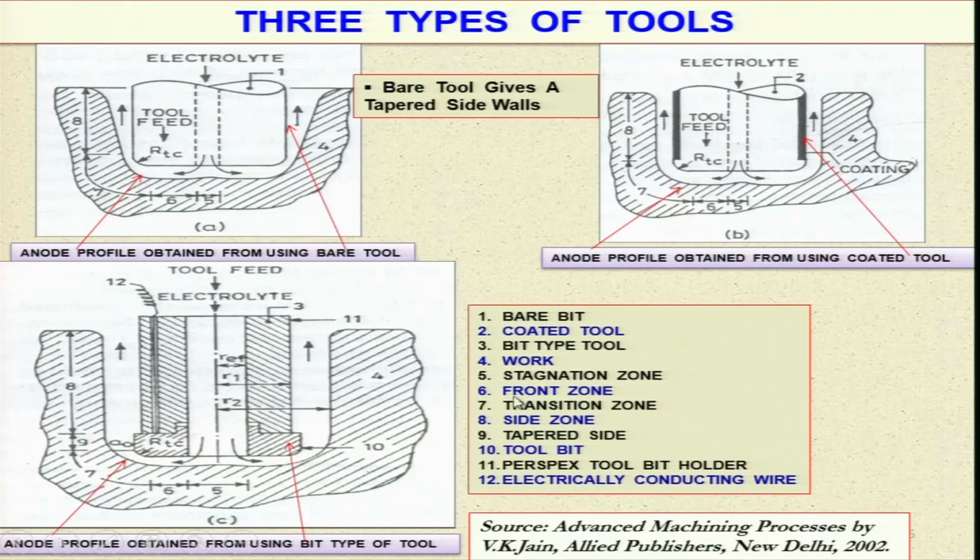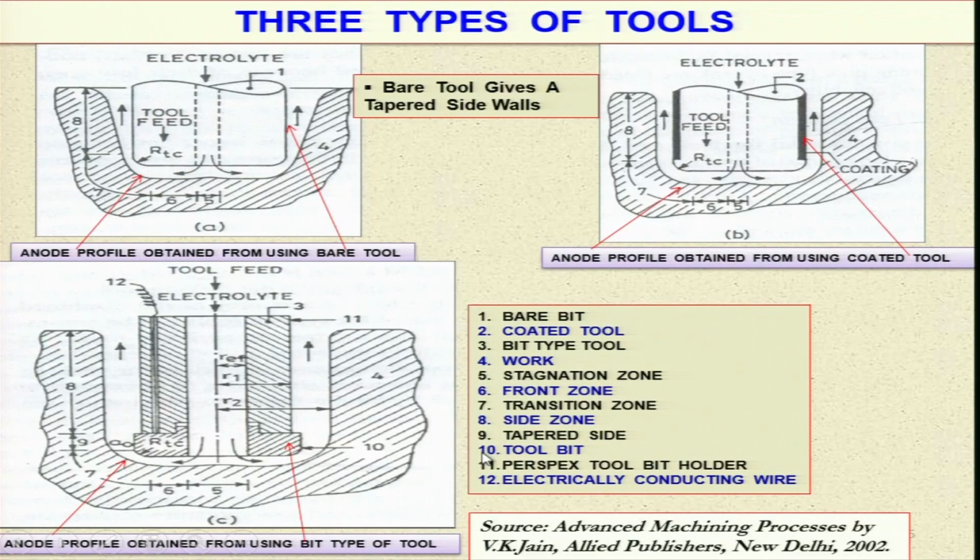And then the front zone is there, this is very important. This is the front zone over here, 6. 7 is the transition zone, where you have the corner. You can see this is the transition zone, and then 8 is the side zone, this is the side zone over here, and then 9 is the tapered side. You can see here, this is the tapered side over here.